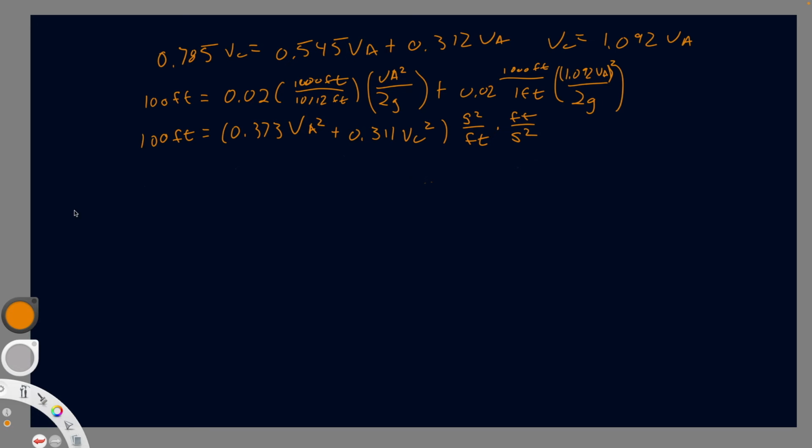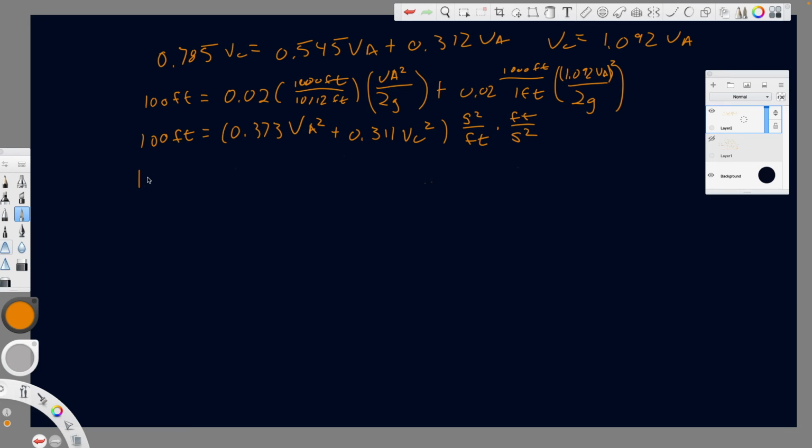Okay, so now if we take our VC, velocity in pipe C, in terms of A, we substitute it in for what we have for VC and solve that down, then we will get 100 feet is equal to, or actually at this point we basically have feet squared per second squared, right, is equal to 0.743 VA squared.